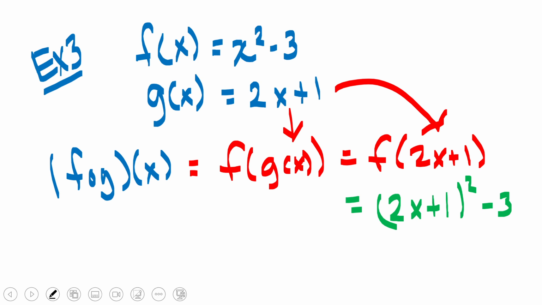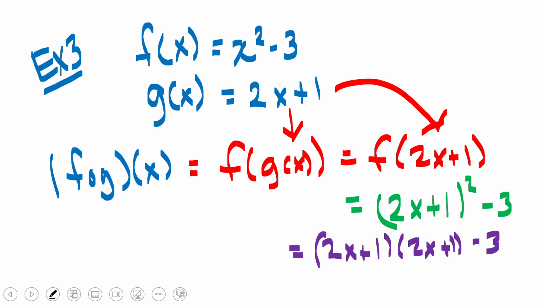That's a squared term. Gotta deal with that. Okay. So if that's squared, then this is going to equal 2x plus 1 times 2x plus 1, all minus 3. Okay. 2x times 2x is a 4x squared. 1 times 2x is 2x plus 2x. 1 times 2x is another plus 2x.